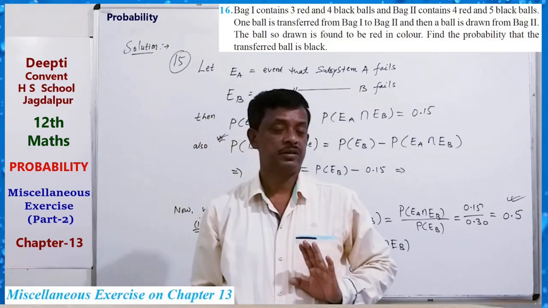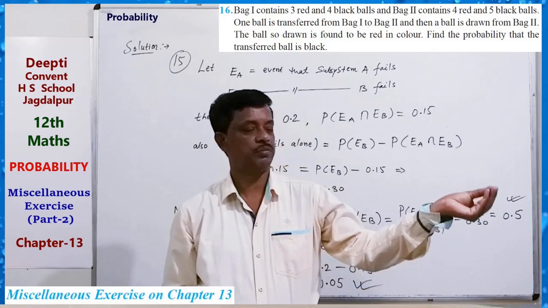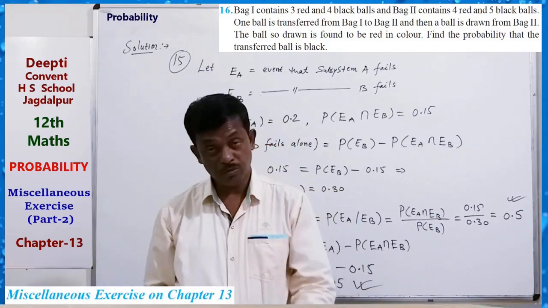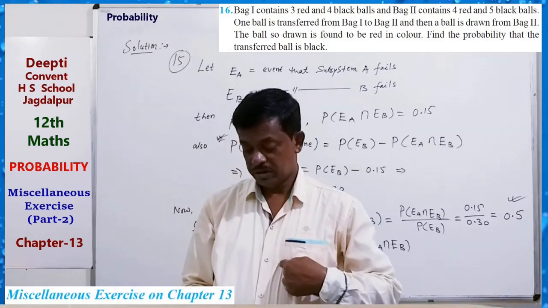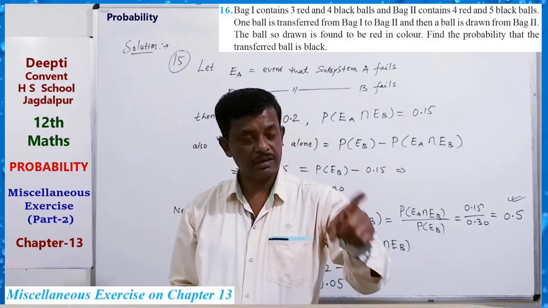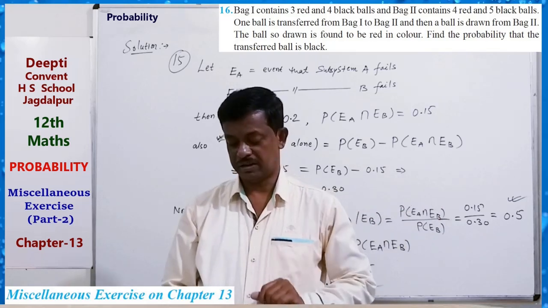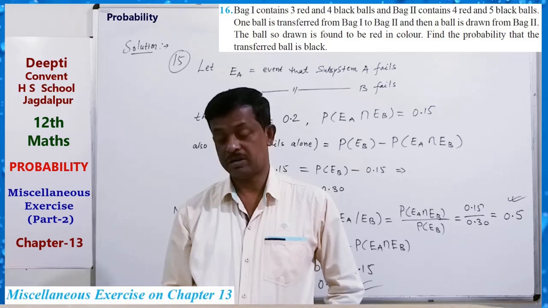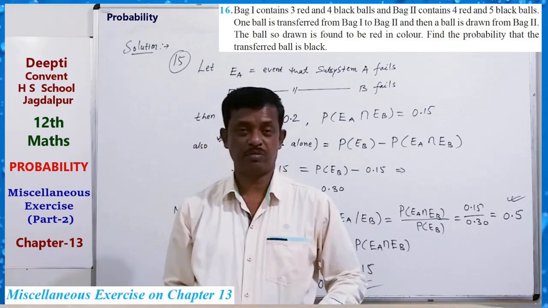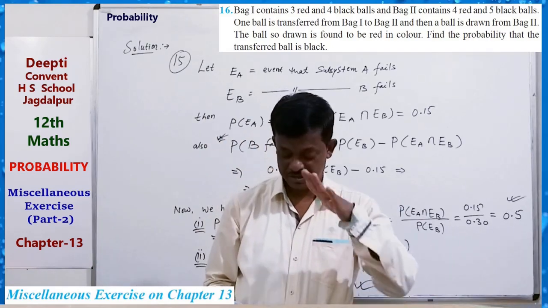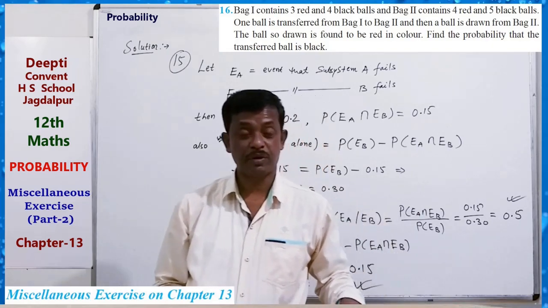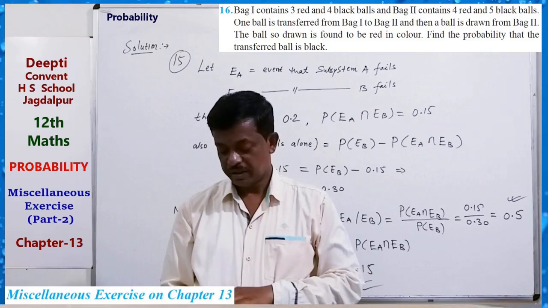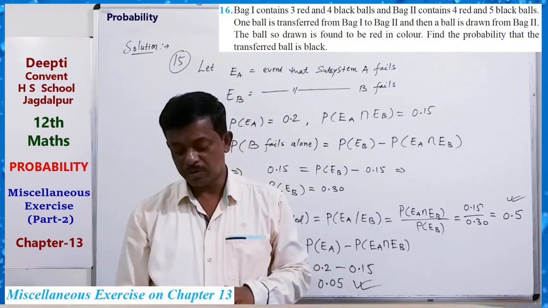First, one ball is transferred from the first bag to the second bag, and then one ball is selected from the second bag. The ball so drawn is found to be red. It is given, so it is an event that has already happened. Find the probability that the transferred ball is black.